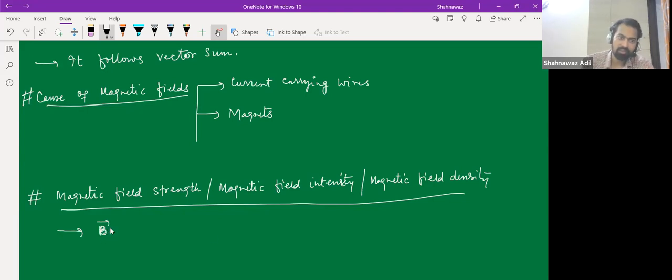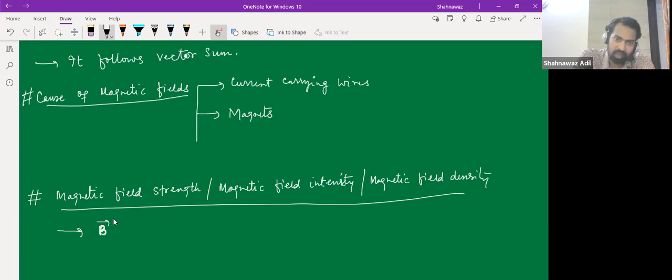Whenever we write this symbol, it means magnetic field strength, not the magnetic field. But people unconsciously or unknowingly call it magnetic field. Is that clear?